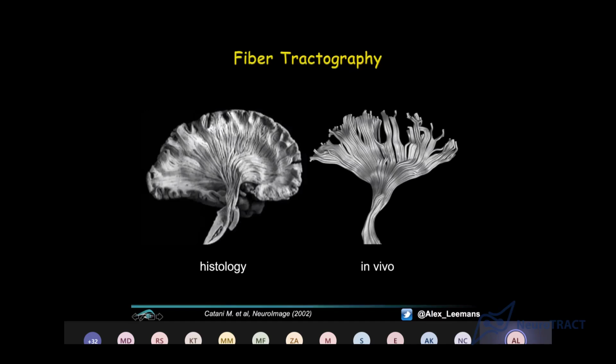And so, at least from a highway point of view, we're doing something right. But we'll come back to the limitations and all the issues related to validation later on. But the point I want to make here is that we've got new technology, and it seems to reconstruct pathways with anatomical accuracy related to what we think the pathways are, where they are located and how they are configured in the brain. But I'll come back to that at length later.